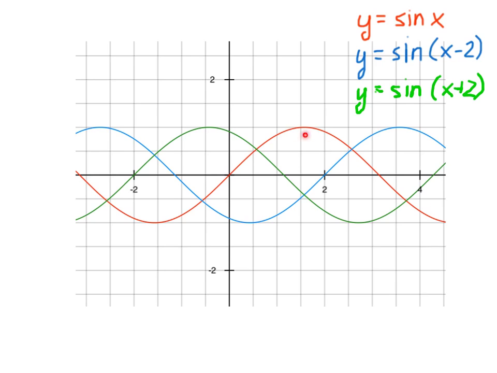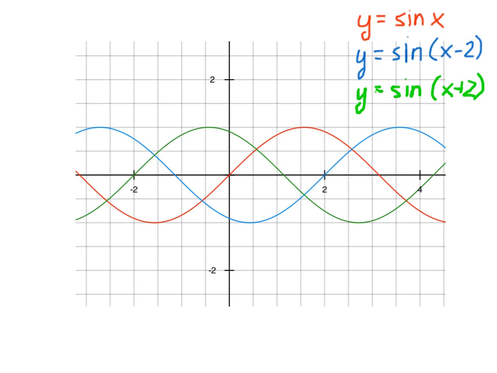If I take the first maximum and I go over 2 units, I'm going to hit the first maximum on the blue curve. Likewise, in the green curve, where I have sine of x plus 2 in parentheses, that first point has been shifted 2 units to the left. And the first maximum on the regular sine of x curve has been shifted 2 units to the left.